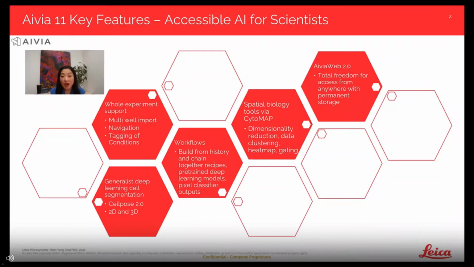Today, I'll be showing you AVIA 11's key features focused on accessible artificial intelligence for scientists, which include whole experiment support from multi-well import, navigation, tagging of experimental conditions, generalist deep learning cell segmentation based on Cellpose for 2D and 3D cell segmentation for a wide range of cell types and microscopy modalities, workflows where you can build enhanced batch processors from history, and spatial biology tools via Cytomap integration, where you can output AVIA's measurements for advanced analysis tools such as dimensionality reduction, machine learning-based data clustering, heat map, and hierarchical gating.